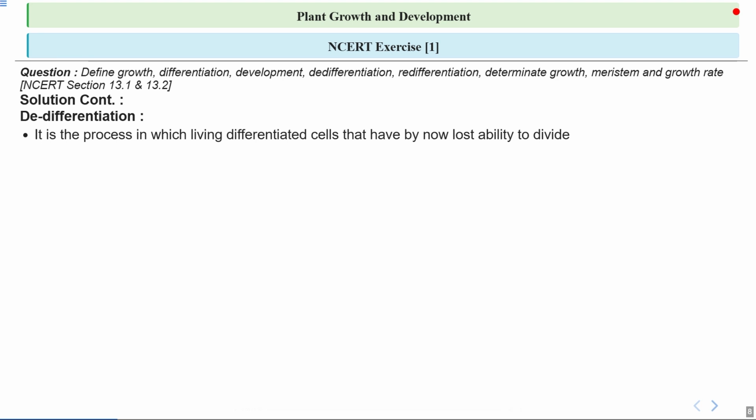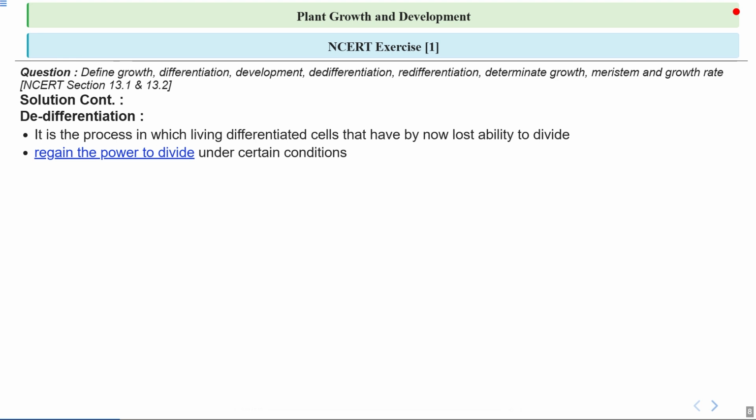This is like a specialized worker being retrained for a different job. So it's a process in which living differentiated cells that have by now lost the ability to divide regain the power to divide under certain conditions.